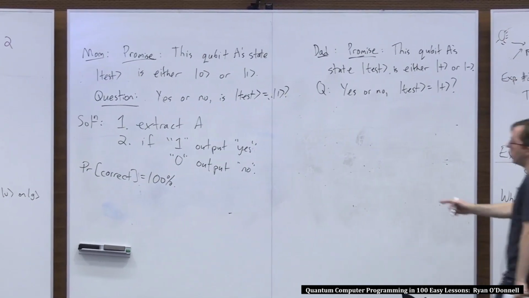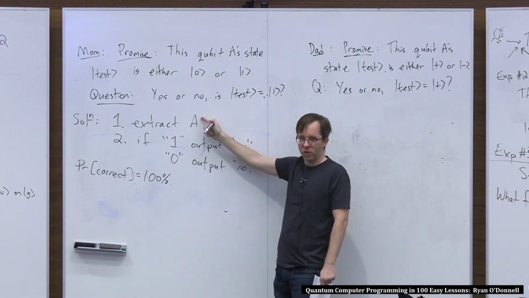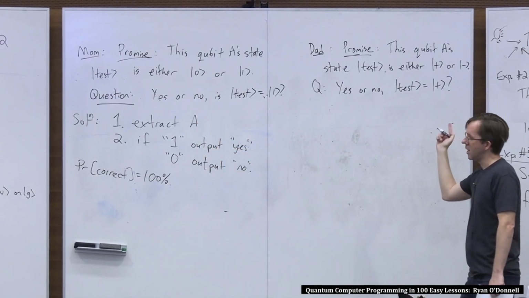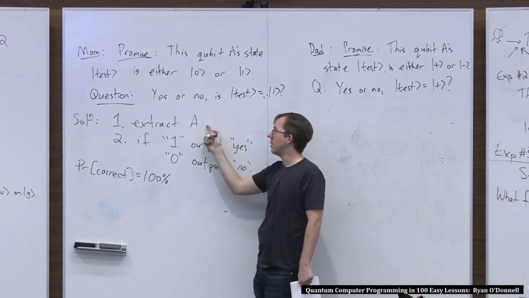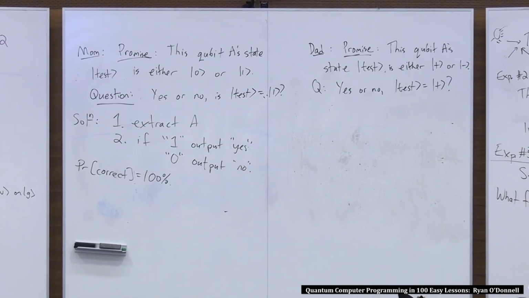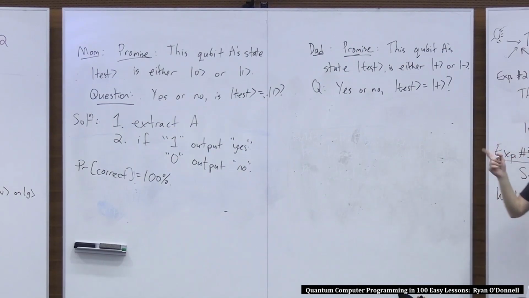But of course, you should not do this algorithm. I mean, you should not even do this first step. If you do this first step, you messed up. Because if it's ket plus and you do this standard extraction, the probability of seeing 0 is half, and the probability of seeing 1 is a half. But moreover, if the test vector is ket minus, it's also 50-50 whether you see 0 or 1.